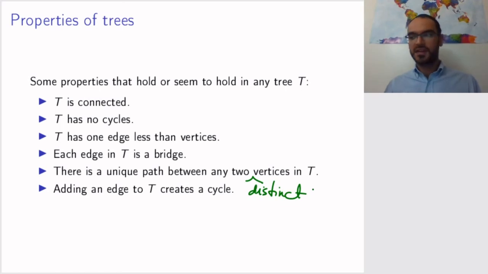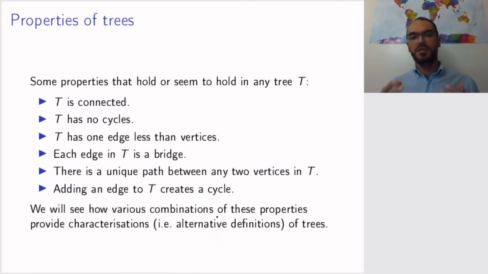And also, it seems that whenever we add an edge, we create a cycle. So if we have this tree, and we add an edge, then we create a cycle. These properties will be used in some combinations to characterize trees.